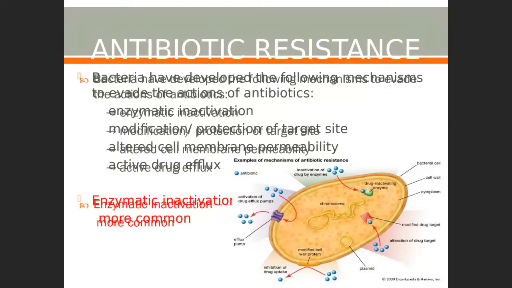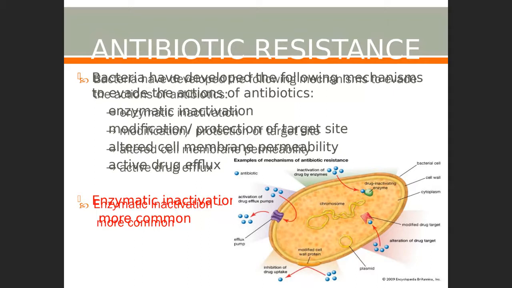And the fourth one is active drug efflux. This is the active drug efflux which I told you. It will have certain pumps developed which will throw the antibiotic outside. Then it will cause altered cell membrane permeability. It will not allow the drug to enter inside. Even if the drug enters inside, it will either inactivate the drug by producing certain enzymes, or it will modify or protect the target site.